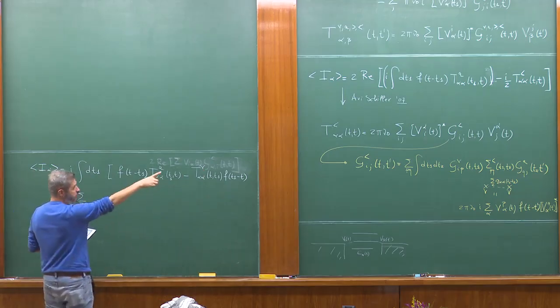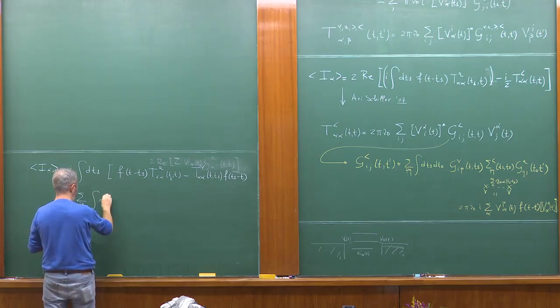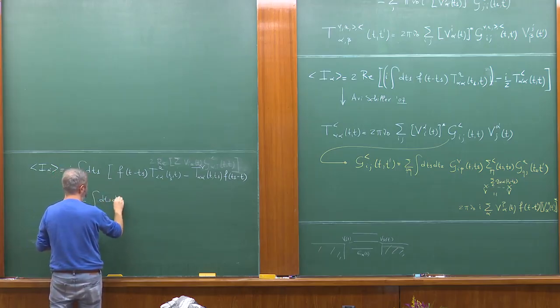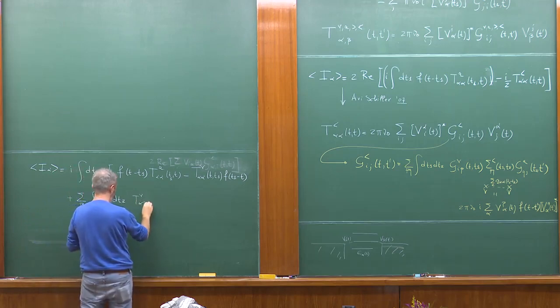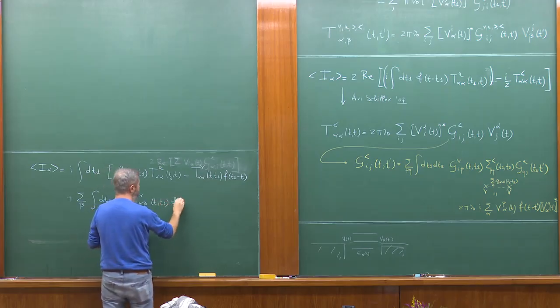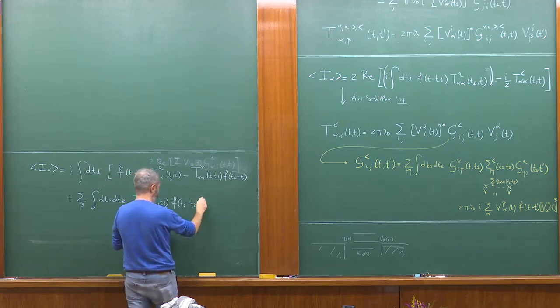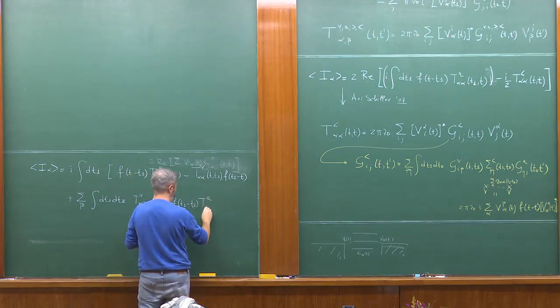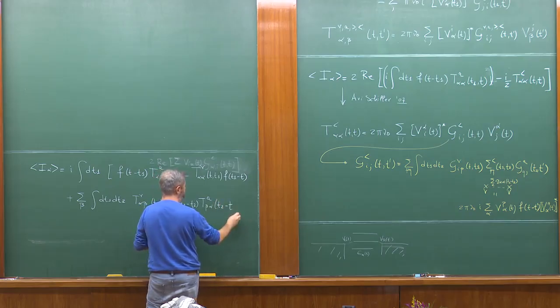This is what comes from that T lesser: sum over beta, integral dt1 dt2 of T retarded alpha beta t t1, then f of t1 minus t2, and then T advanced beta alpha t2 minus t.